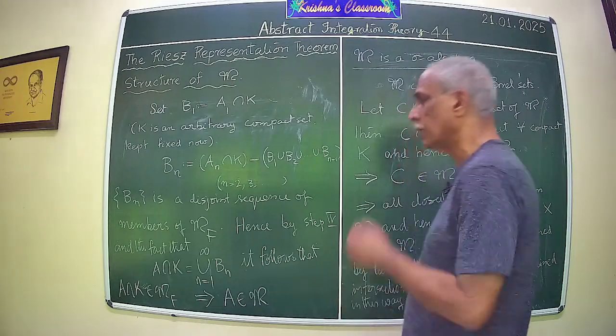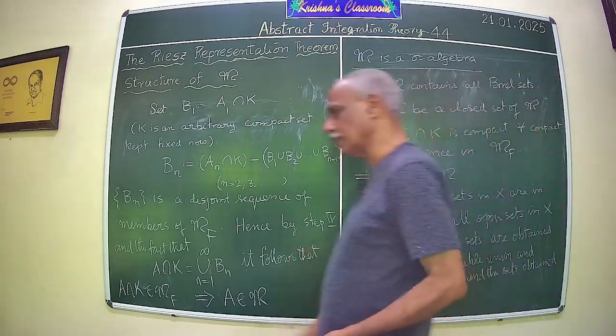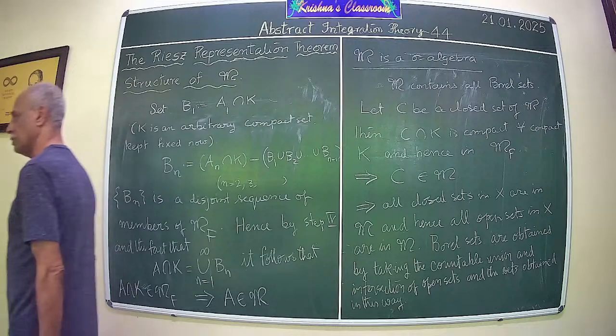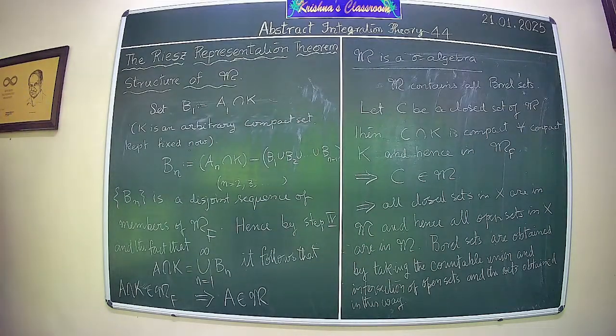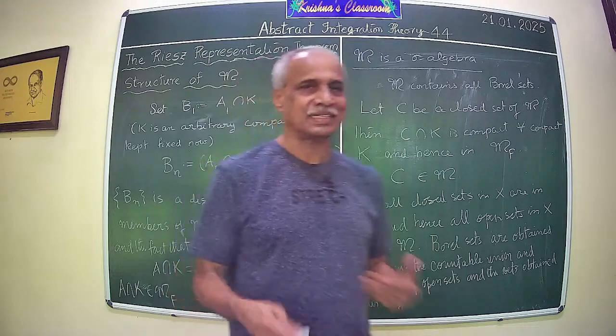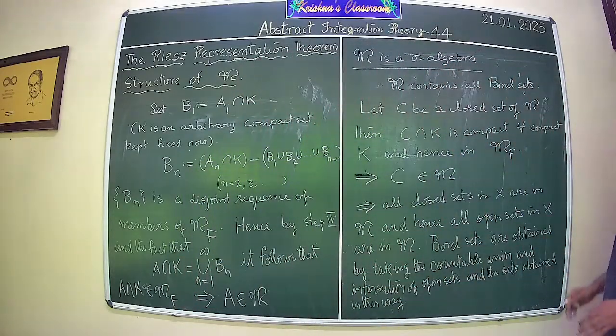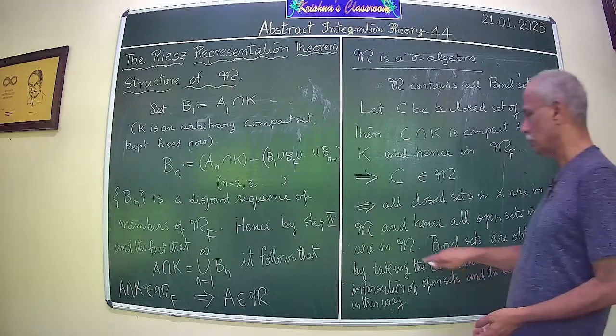That means you take all the F sigmas and G deltas, then F sigma delta, F delta sigma, etc., etc. So this process goes over and over again, and they all belong to M.